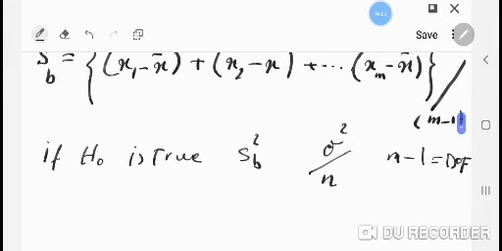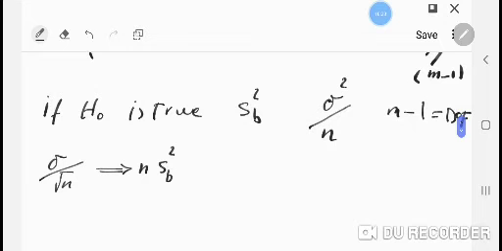Since the standard error of the treatment means is sigma over root n, therefore n SB2 is an estimate of sigma 2 with m minus 1 degrees of freedom.